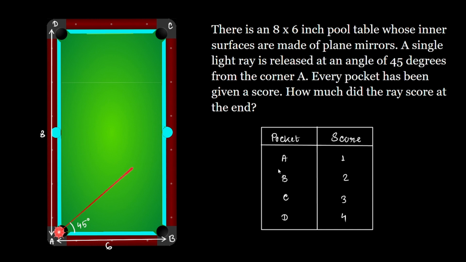Here you can see A1, B2, C3 and D4. Now you have to find how much this ray scored at the end. Either it scored 1, 2, 3 or 4, or nothing. That is also possible. It got trapped in this system forever.